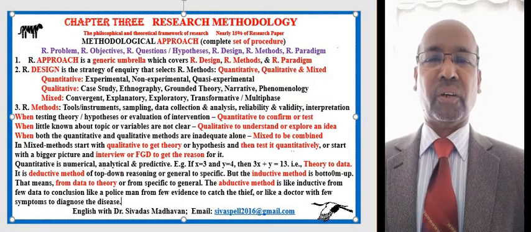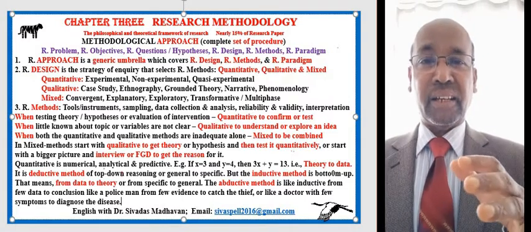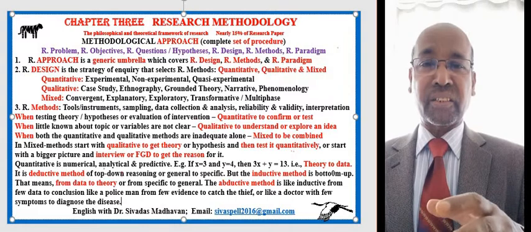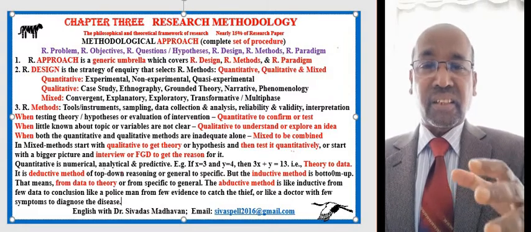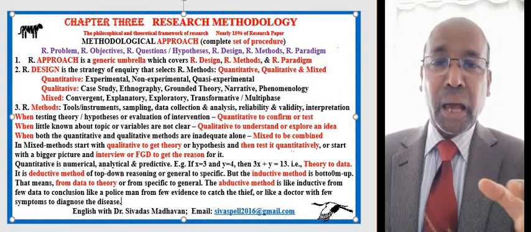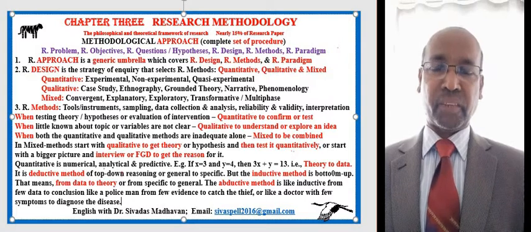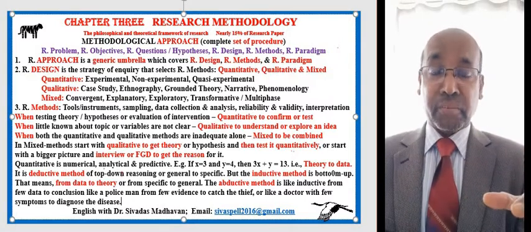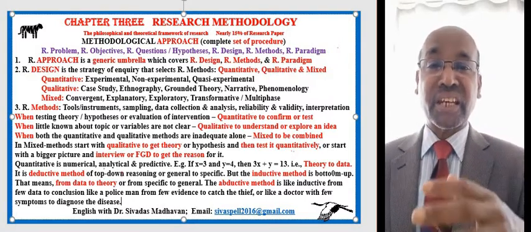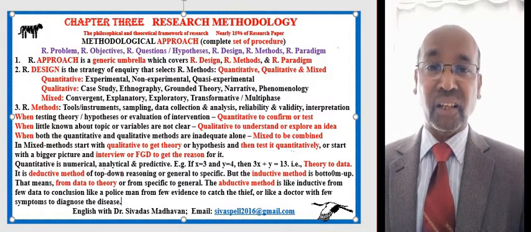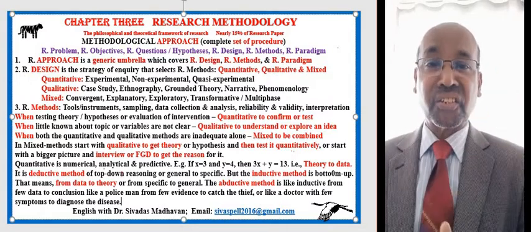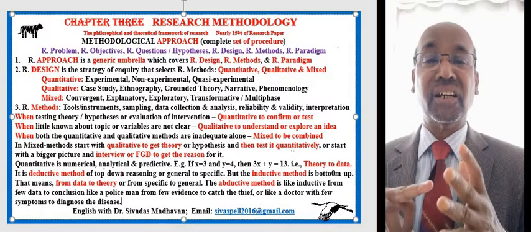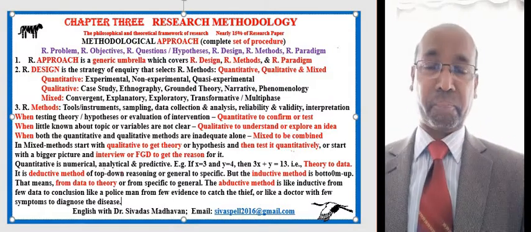So, when a researcher writes the third chapter, he has the methodological approach in his mind. Approach is a wider term. Approach means the generic umbrella which shelters research design, research methods, research paradigm.